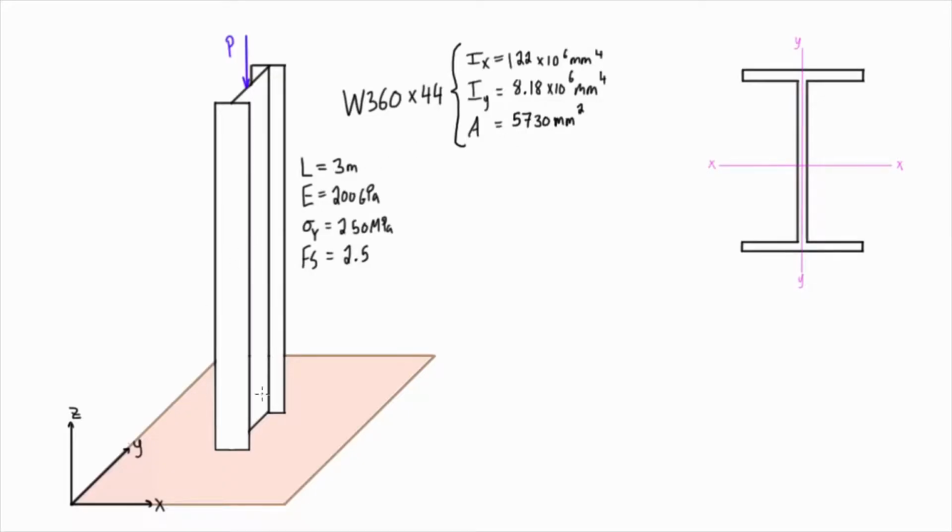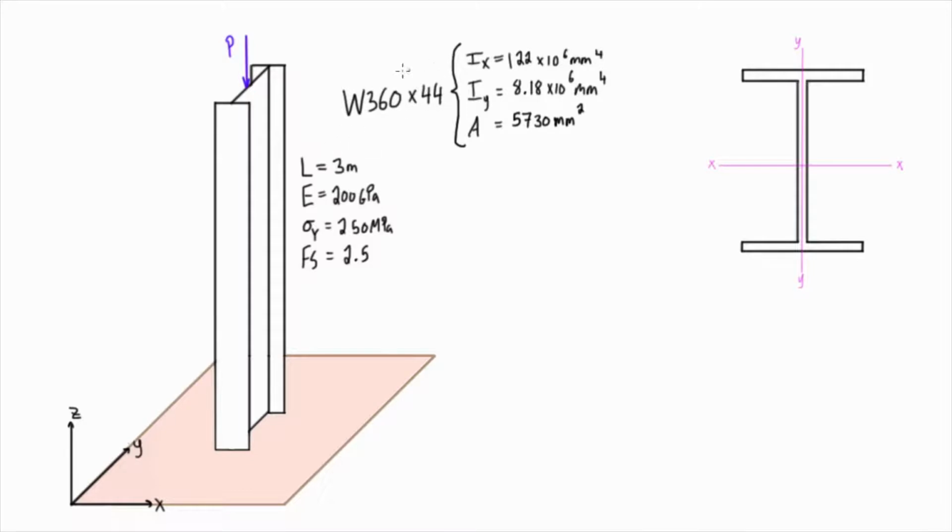Number 3 for column buckling. In this case, we have a column with one fixed end and one free end. Our column is not rectangular like the last two examples. We're dealing with a W shape, which basically stands for wide flange shape. The name of this wide flange shape is W360 by 44.